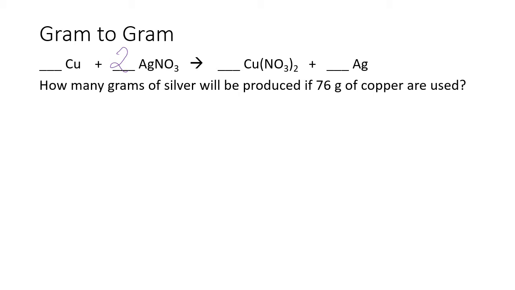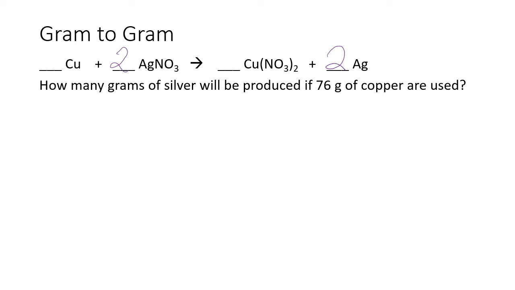Now I have 2 silvers here, and I only have 1 here, so 2. Looks like everything is balanced. I'm going to leave these blanks, but if you wanted to, you could put 1s here as a placeholder to tell you that you have 1 of each of those, but by leaving it blank, you are also saying the same thing.